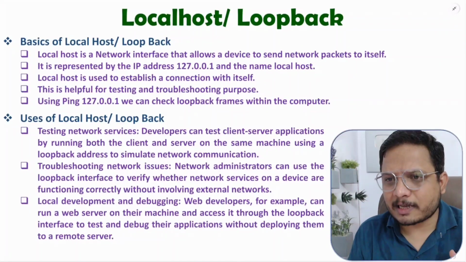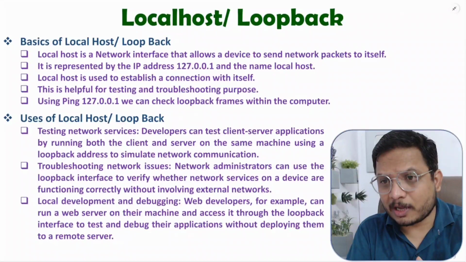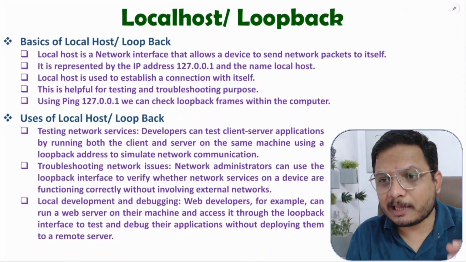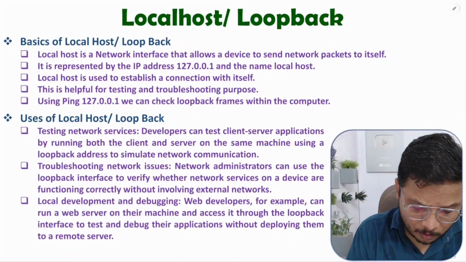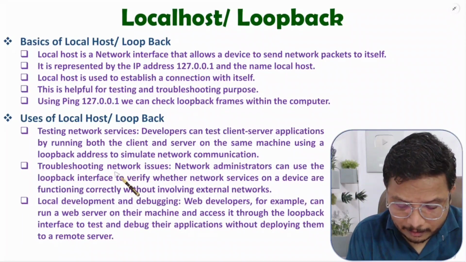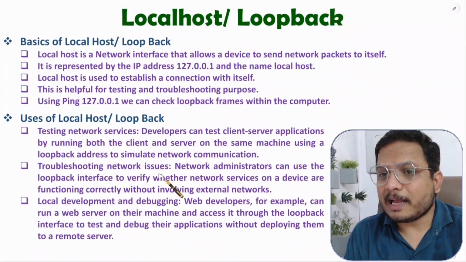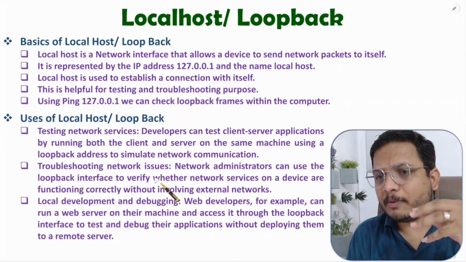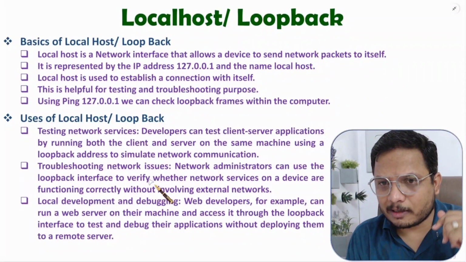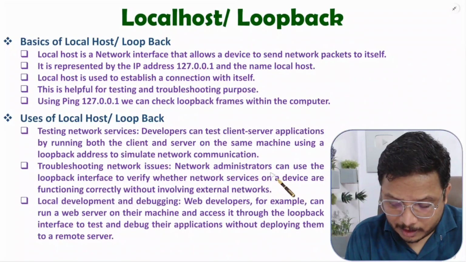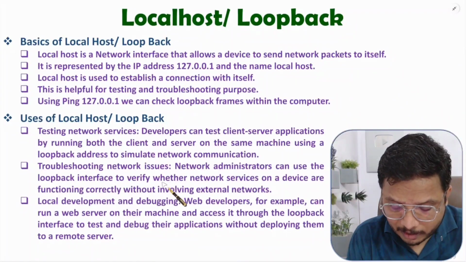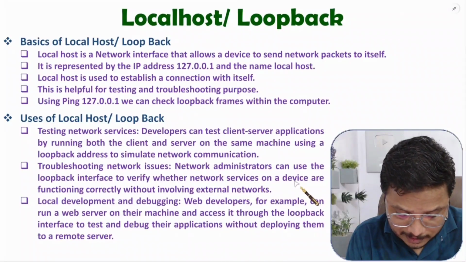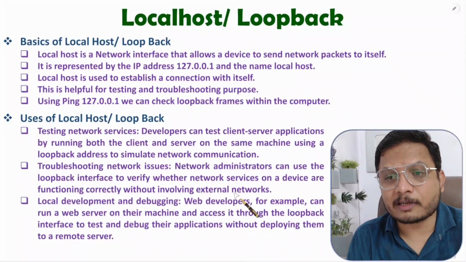As a computer science engineer, you should have an idea of how we test using localhost. Now, next is troubleshooting network issues. There can be network issues that we can troubleshoot and resolve. A network administrator can use the loopback interface to verify whether network services on the devices are functioning correctly without involving the external network.